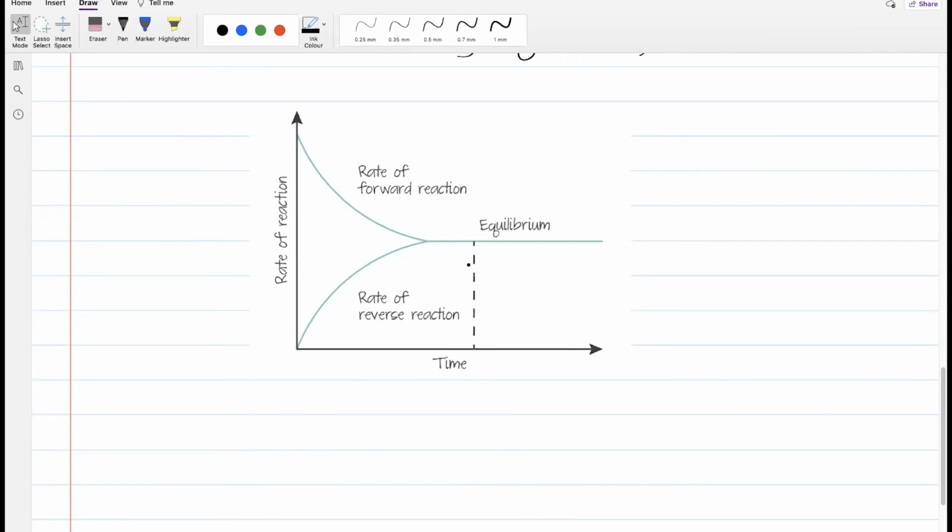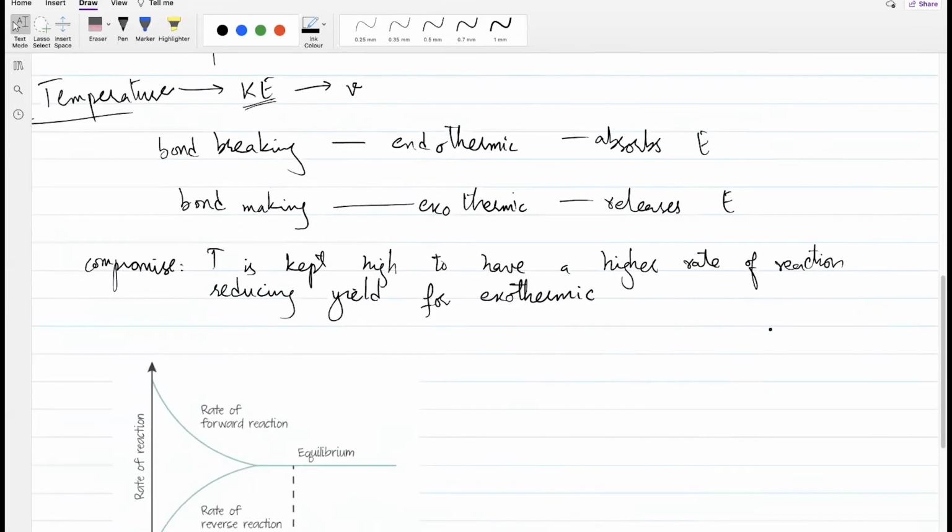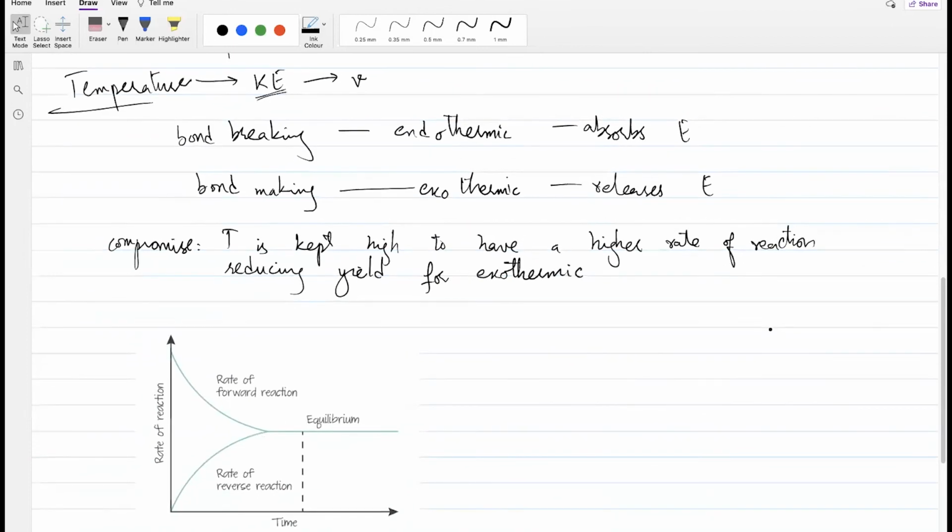And how do you figure out what side you should go in? You control the factors that affect it. So पहला factor जो हमने देखा था वो temperature है. Temperature is related to two things: the speed of collisions and the energy of particles for bond breaking and bond making. So if you give more energy, the reaction will absorb that extra energy, तो endothermic side पे जाएगा.